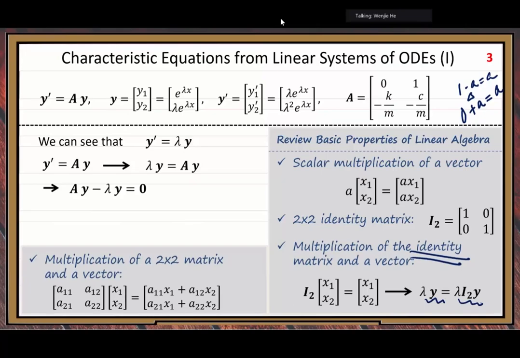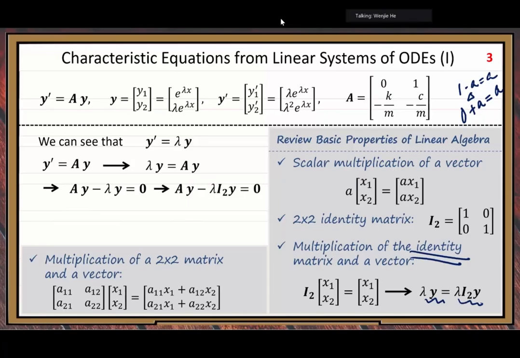So here we want to replace the expression lambda times y by lambda times I2 times y. Do that substitution before we do the factorization. Our goal is to factorize y out. But before you factor y out, this is a more friendly version than this one.